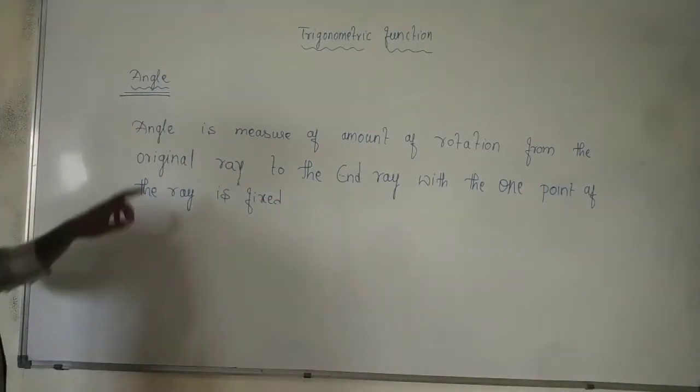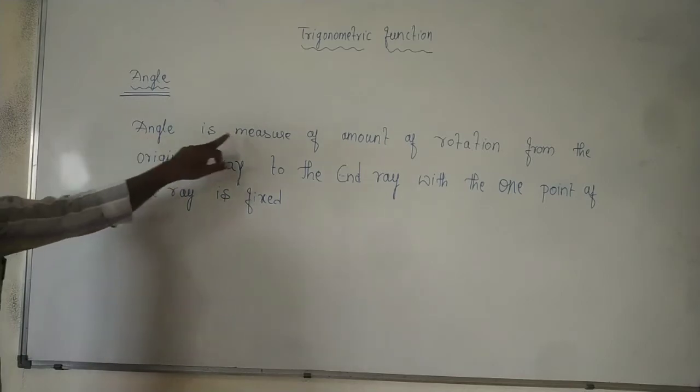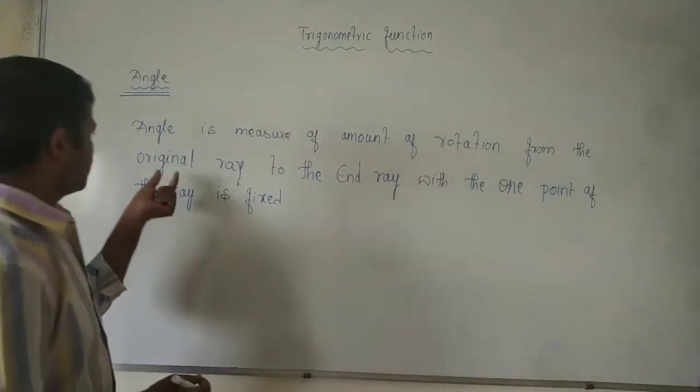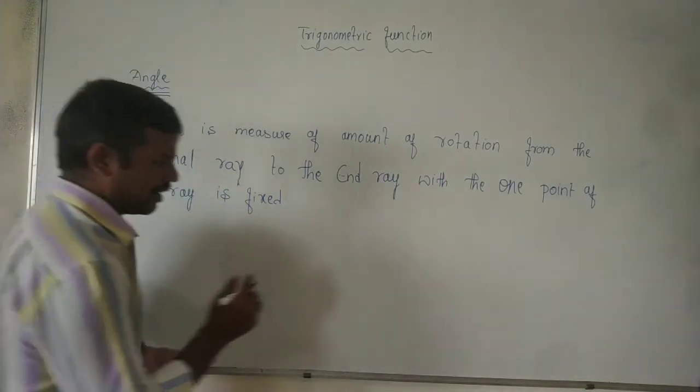So that is what we call an angle. Angle is a measure of the amount of rotation from the original ray.